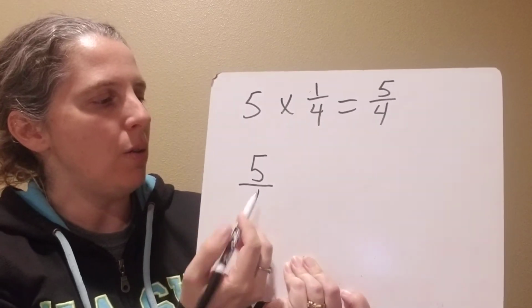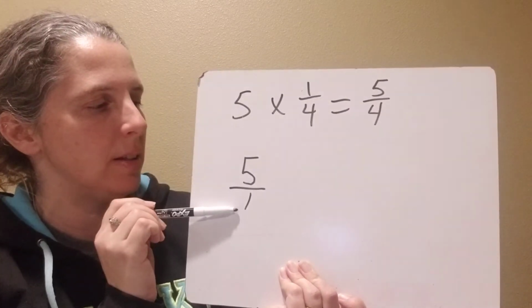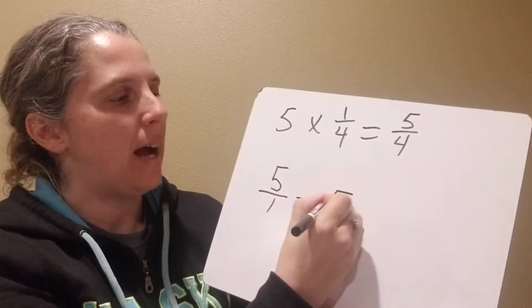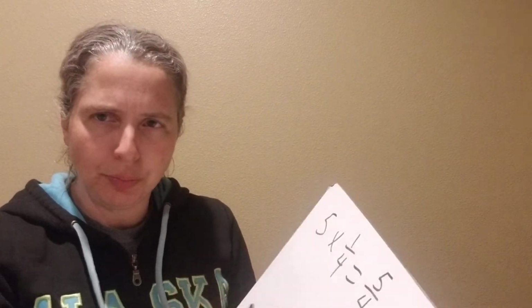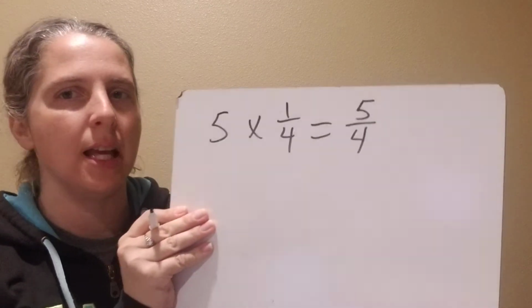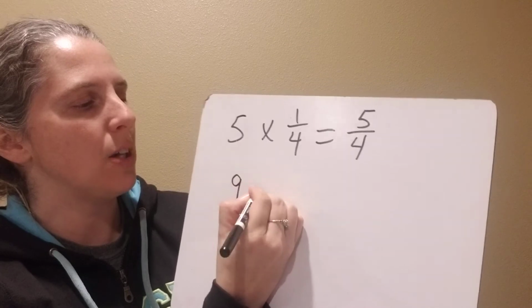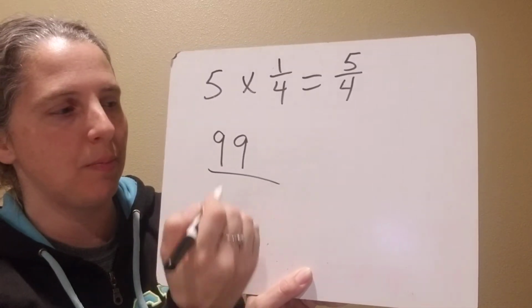Okay, and then you know that an improper fraction, well, you would divide the numerator by the denominator. 5 divided by 1 is 5, right? So anytime I'm doing any kind of work with fractions, anytime I need a whole number to be a fraction, all I have to do is put it over, what did I say?